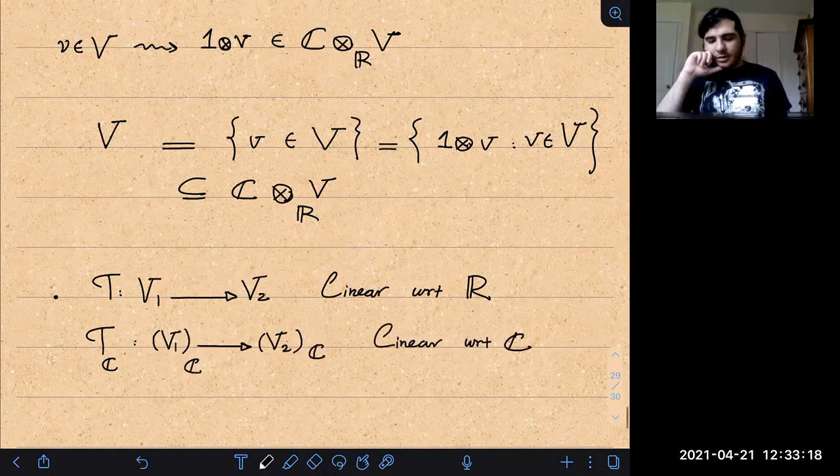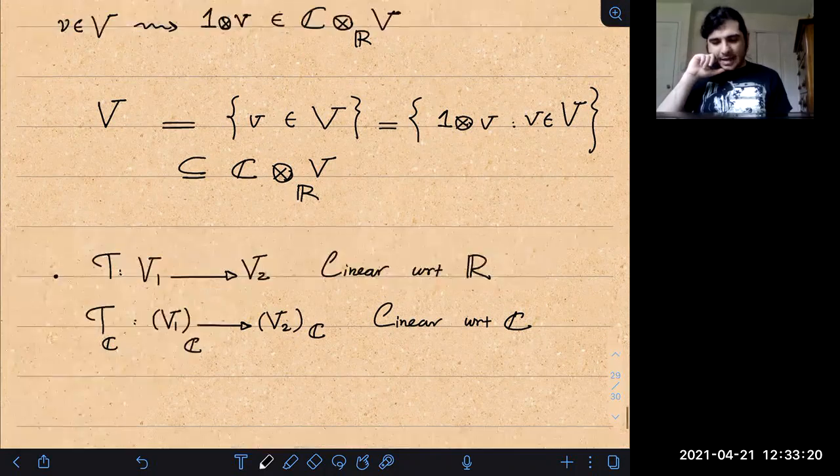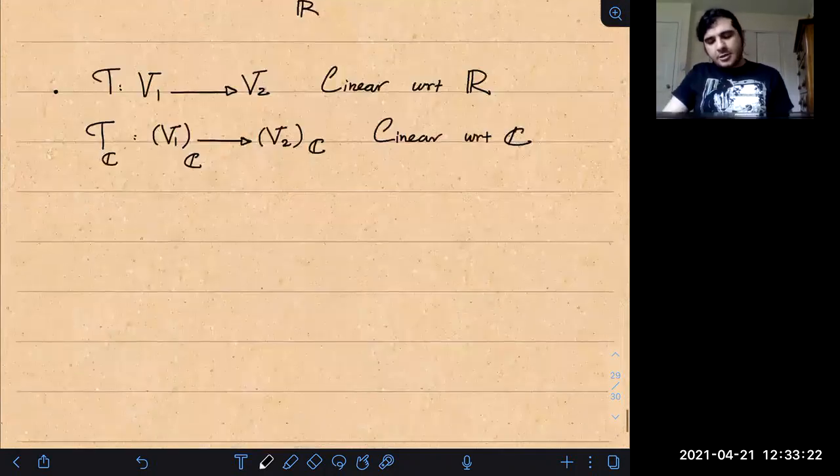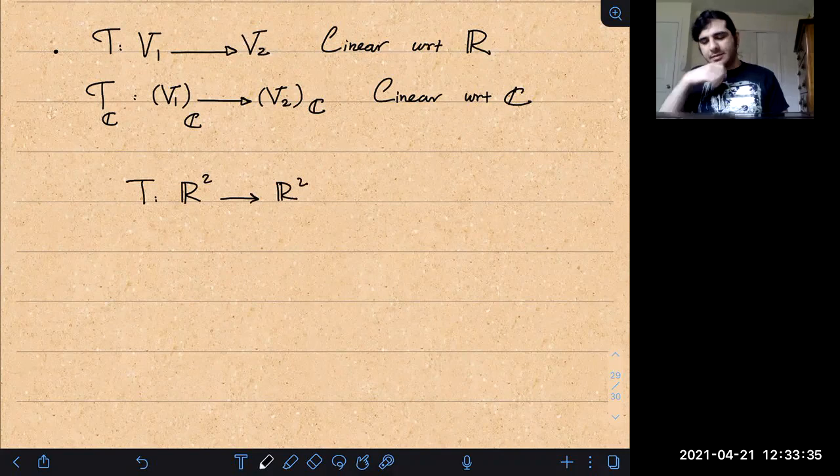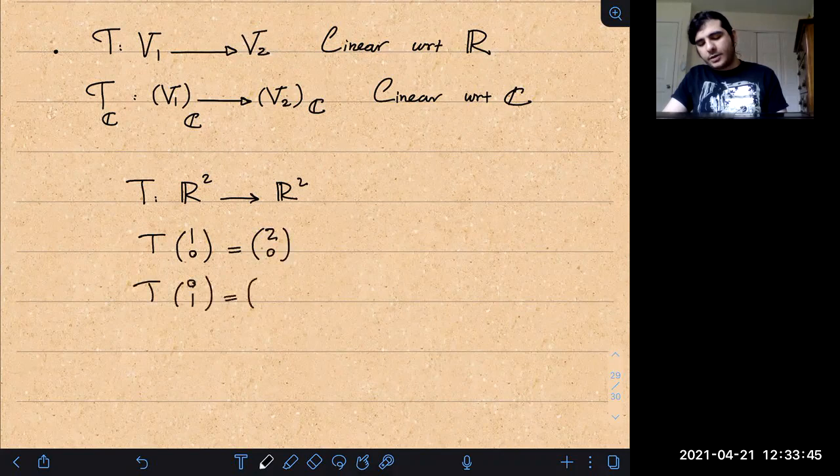How does it work? Let's look at an example. Suppose we have a linear map from, say, R2 to R2. Suppose we know T of (1,0) is (2,0), and we know T of (0,1) is (0,1/2).